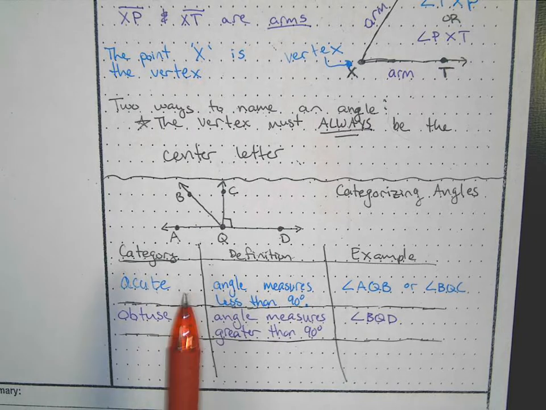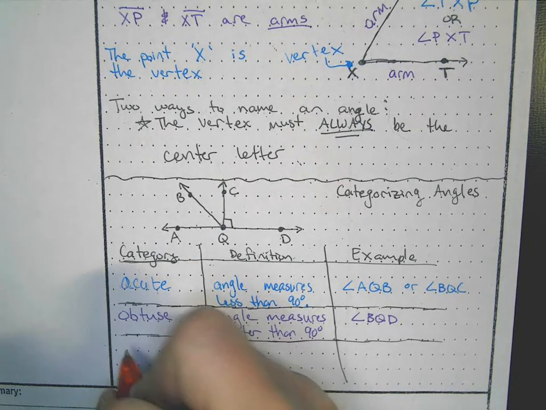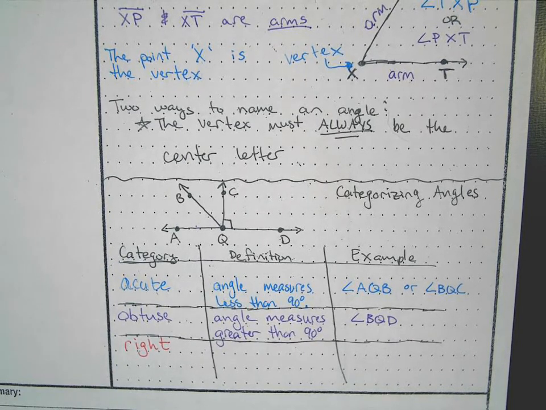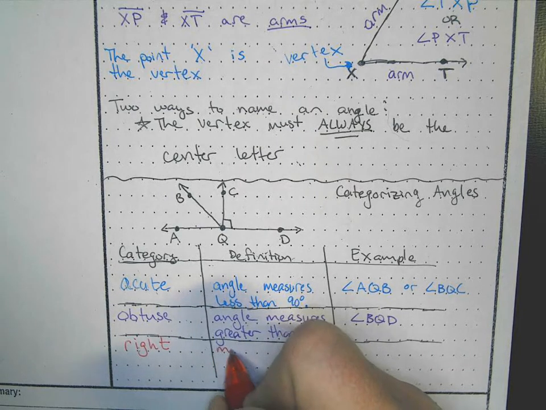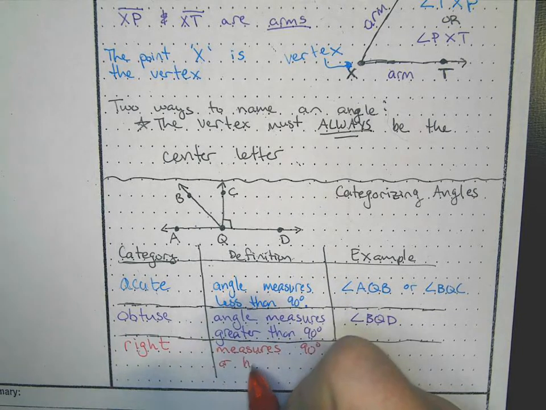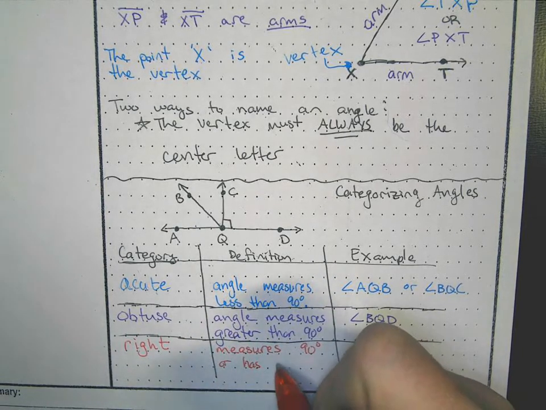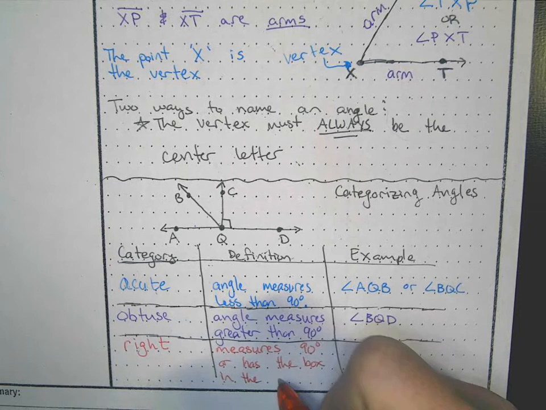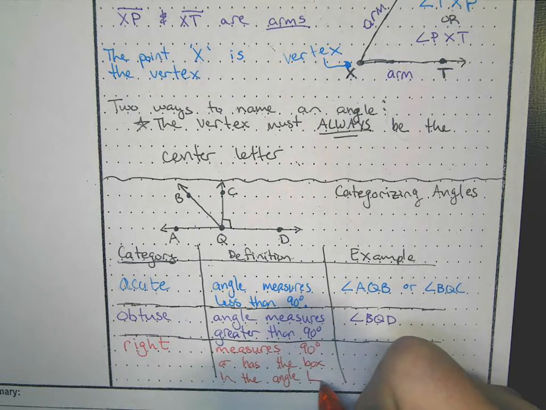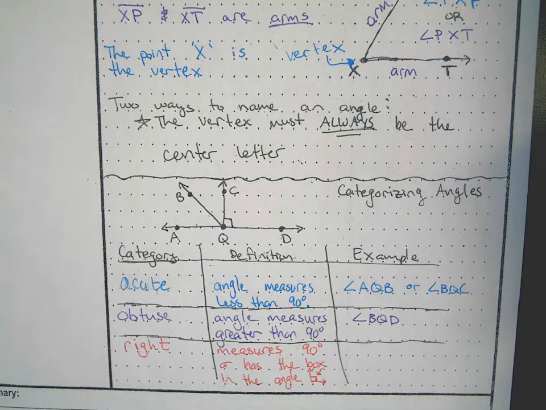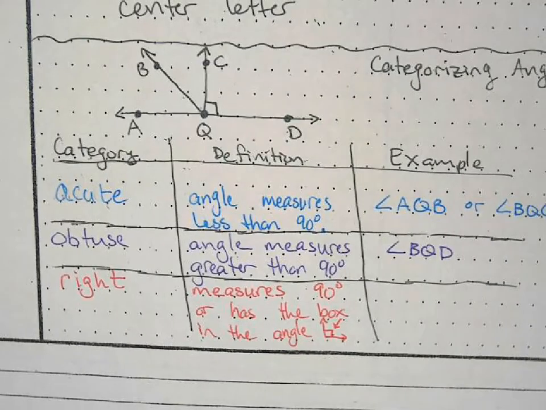And then our next one is our right angle. And that's the angle that measures 90 degrees, or has that little box. So that little box in the corner of the angle is our symbol that shows us that it's 90 degrees.